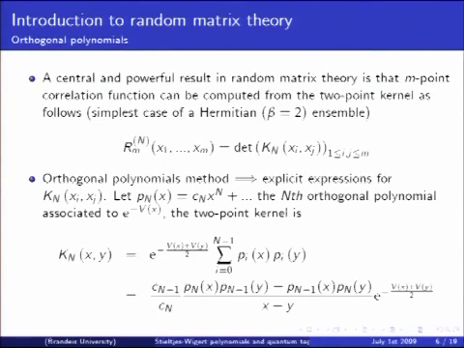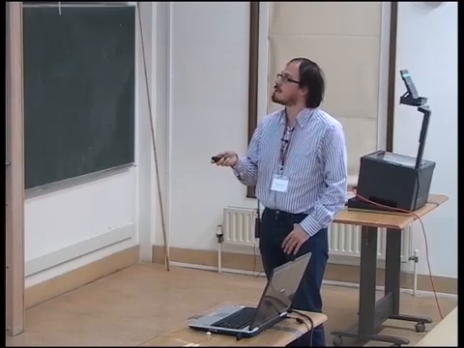This is the weight function, and these are the orthogonal polynomials. A more explicit expression: you apply here the Christoffel-Darboux identity, and then you have this expression here. So knowing the orthogonal polynomials puts you on the right track. And fortunately, the model that appears in this kind of gauge theories that I'm considering has well-defined orthogonal polynomials.